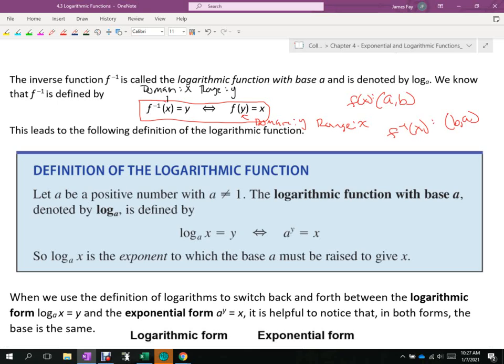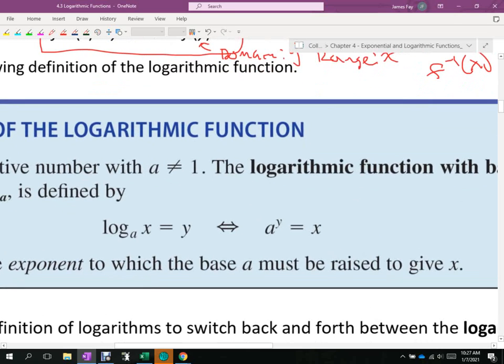So the logarithmic function with base a is denoted by log base a, or log subscript a. It's defined by this rule here. We call this the definition of a logarithm. And you may ask, what is a logarithm? Do we know what a logarithm really is?